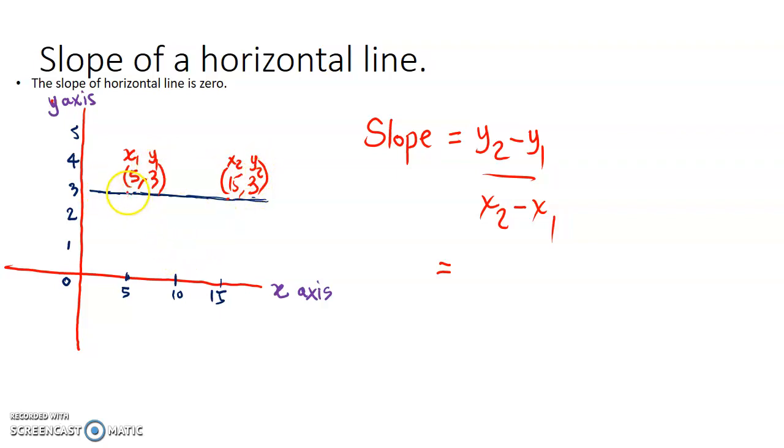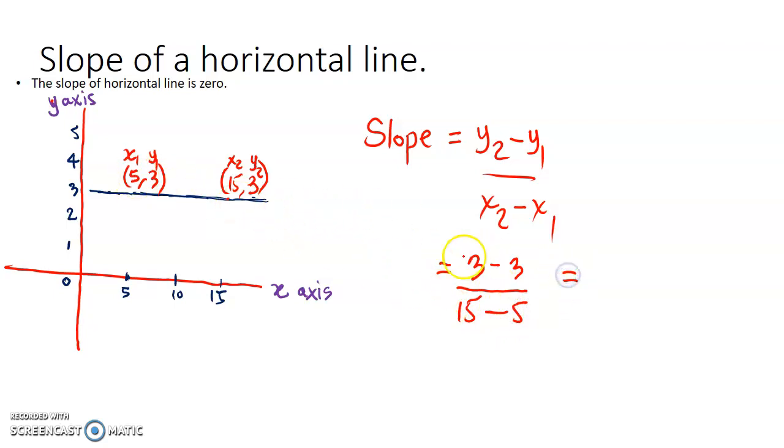That tells us that the value of y doesn't change despite the change in the value of x, from x1 equals 5 to x2 equals 15. So that tells us here that the change in y is 0. That is 3 minus 3. This is going to give us 0. And of course, change in x, x2 is 15 and my x1 is 5.